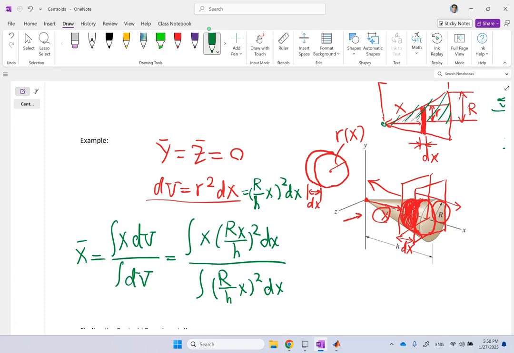It goes from the left side x of 0 to the right side, which is h. And we can calculate that. Now, pay attention, the bottom of it is the volume of a cone. And what is that? Integral of x squared is x cubed over 3. So the denominator is going to be h cubed over 3.